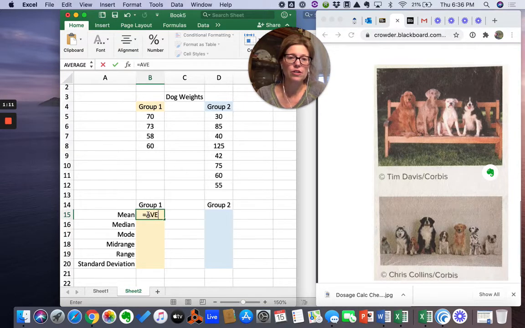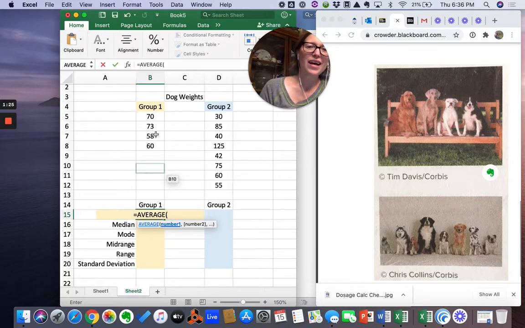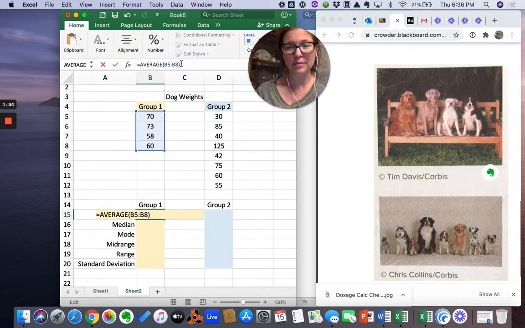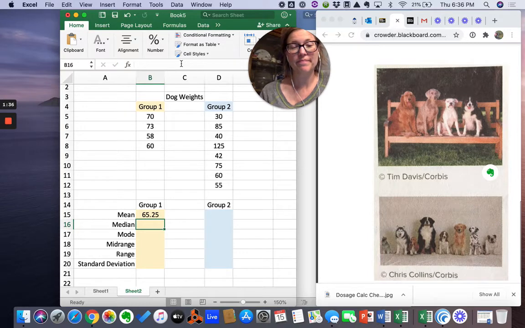So I could just start typing it. And when I put the parenthesis there, it's like, oh hey, I think I figured out what you're doing. You would like to use a range of numbers. I close it up, press enter, and there it is.